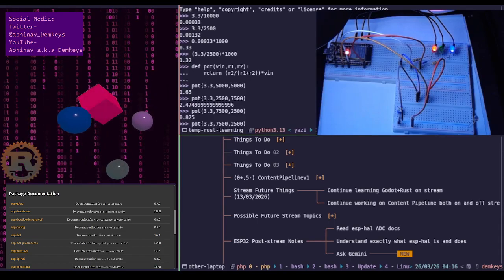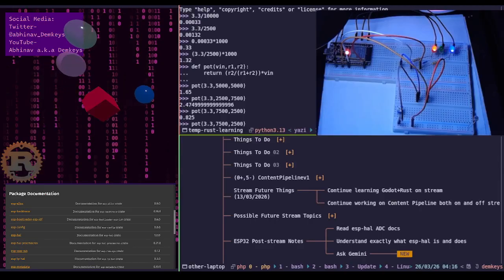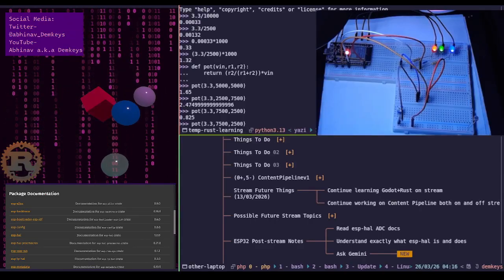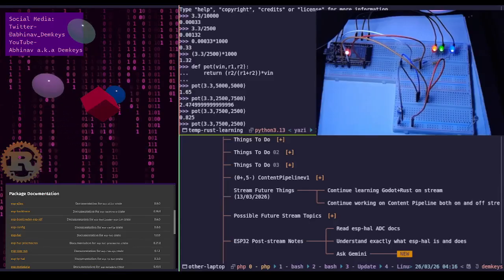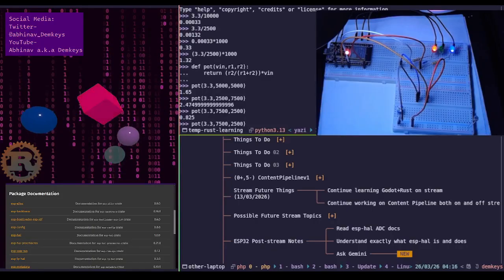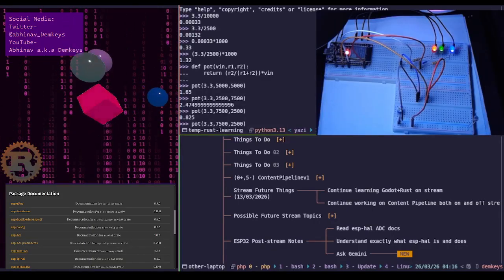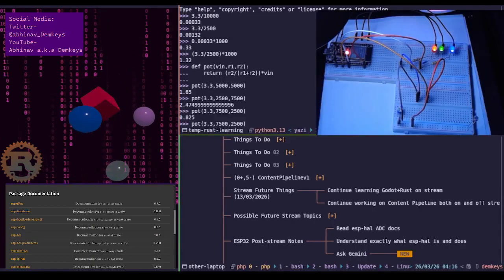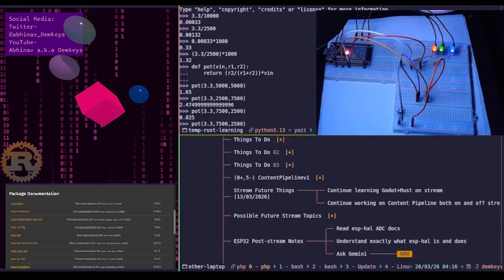As the pot turns, resistance changes on both sides, meaning the voltage being read by the ADC changes.